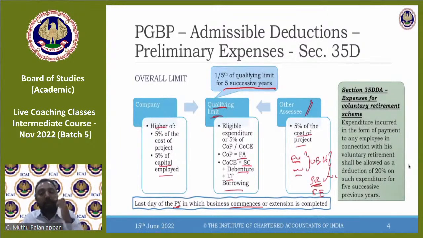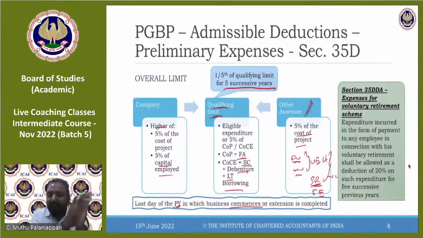You take 31st March of that period and consider the total cost of project or capital employed. That is the limit, which is compared to the eligible expenditure. So once you know this, you claim 1/5.